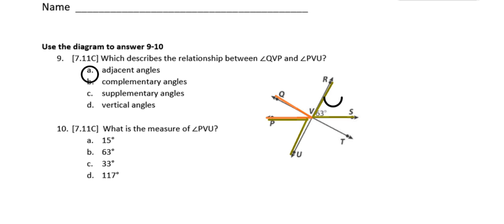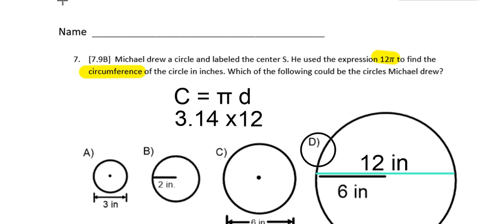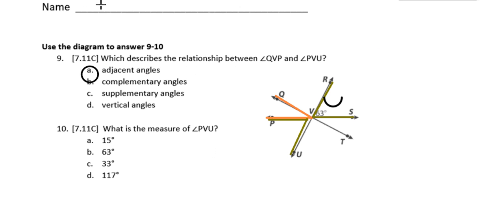If RVS is 63, then PVU is also 63. So with all that being said, the answer is 63. It's the same as the one across from it. Opposite angles are the same.